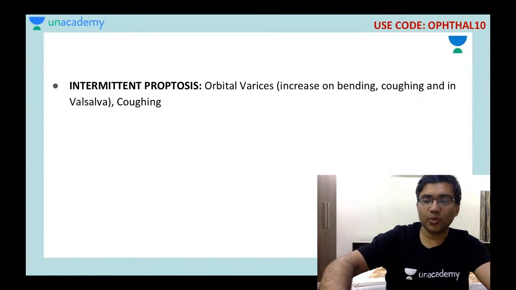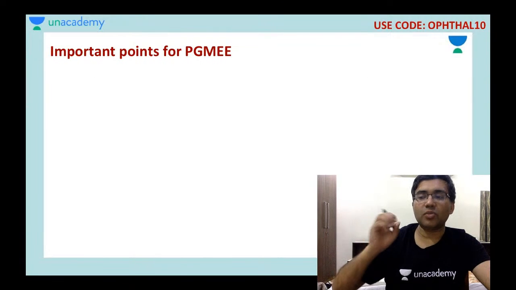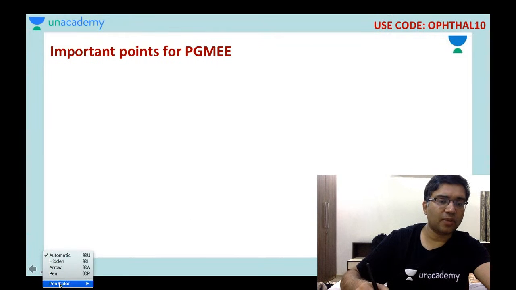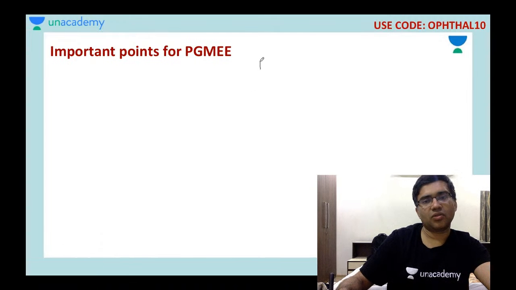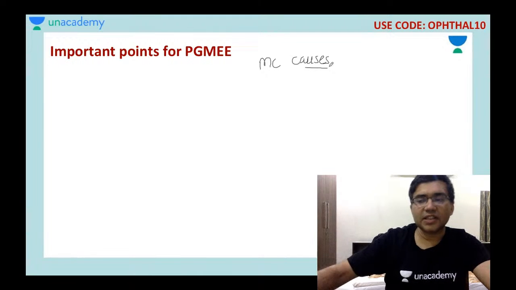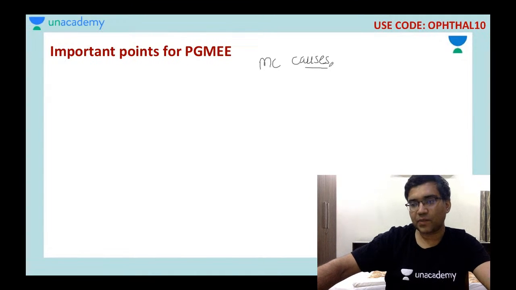Okay, now a few important points that you have to remember for the exam: the most common causes. So first, if they ask the most common cause of bilateral proptosis in children, what would be your answer?